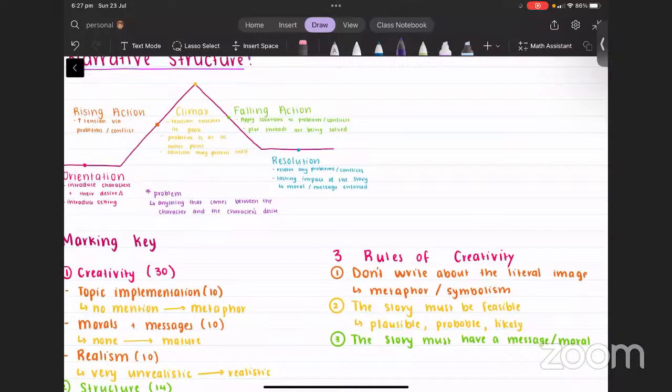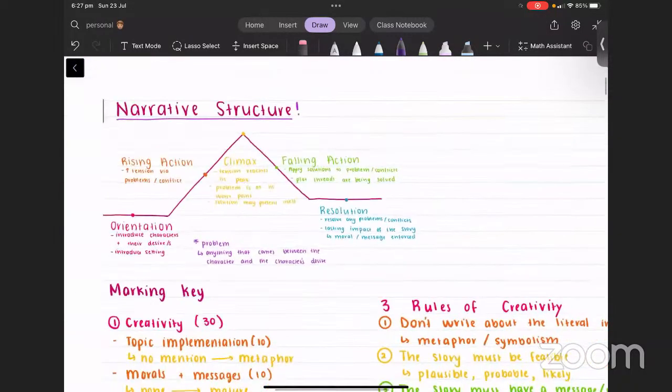You don't actually say the moral of the story is, but whatever happens to the characters and in the situation can support the moral and message you've been putting in throughout the text.